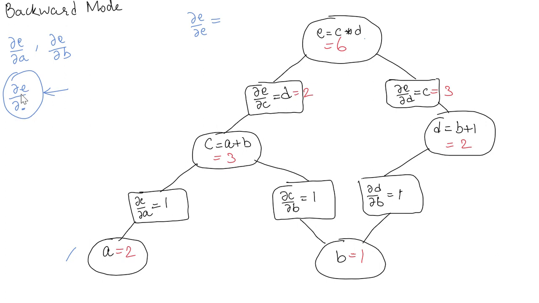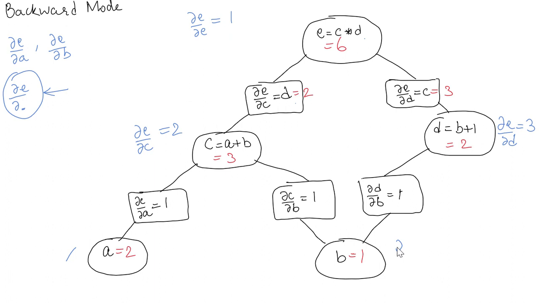And at every node, we will compute ∂E/∂ that node. So this is the trivial case. This will be 1. At this node, ∂E/∂C, we already have this value from the static graph. We can directly put it here. Again, ∂E/∂D, we have it from the static graph. I mean, we are not again computing it. We simply know that we have this value.